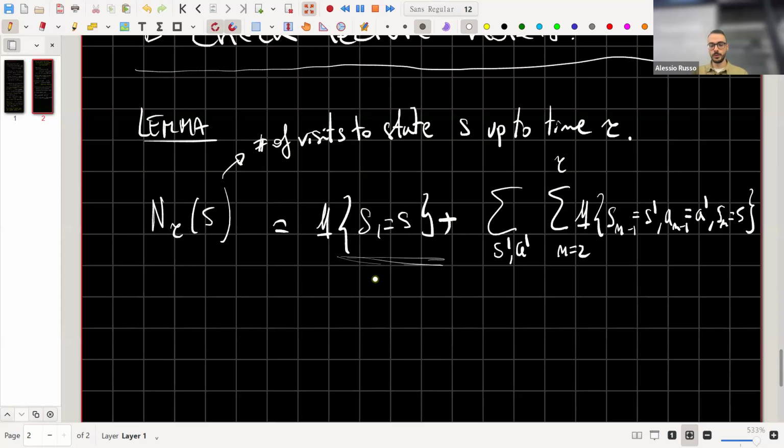If τ is equal to 2, we have this term, and then this sum is from 2 to 2, so we have only one sum over all state-action pairs. This indicator function simply captures the event that we were in some state-action pair S' A', and then we visited S.